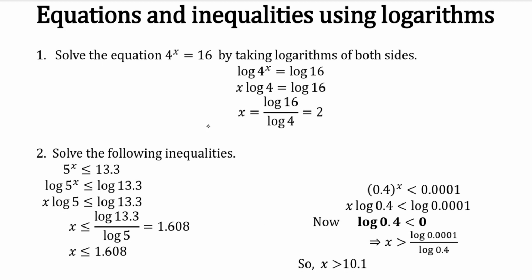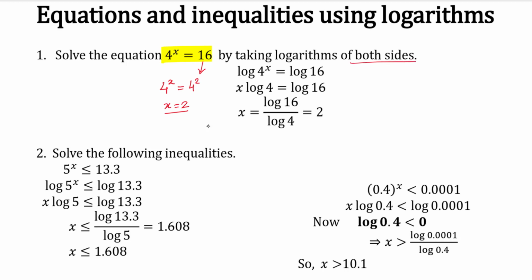So the first one is, if we have 4 to the power x equals 16, by taking log we are going to solve. Otherwise also, by using a very simple logic, 16 is 4 to the power 2, and here 4 to the power x, comparing them we will get x equals 2. But we are going to solve by log, because in the questions we will never get this easy.